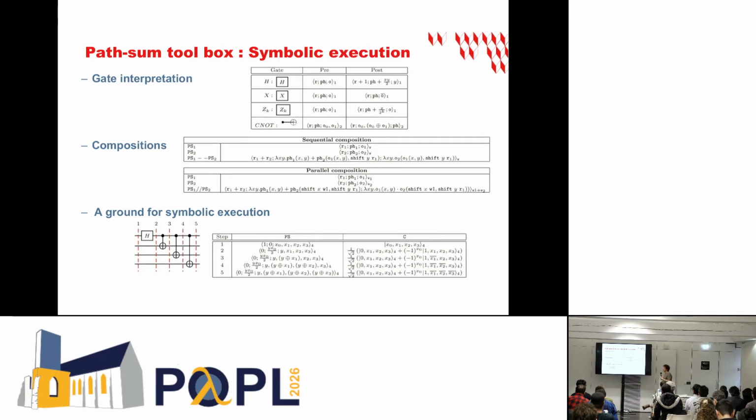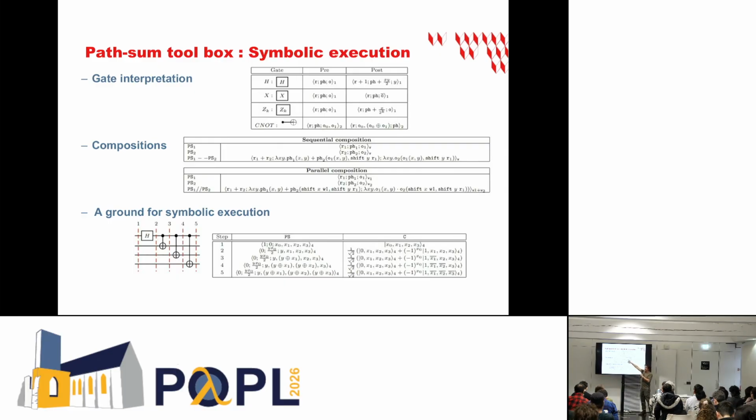Just to exemplify, the formalism interprets the elementary gates. In particular, here is the Hadamard. The Hadamard supports the quantum superposition. So in the path sum, it increments the range parameter, meaning that for every path in the original path, after the Hadamard, there are 2 different paths. It is the same for the other elementary gates.